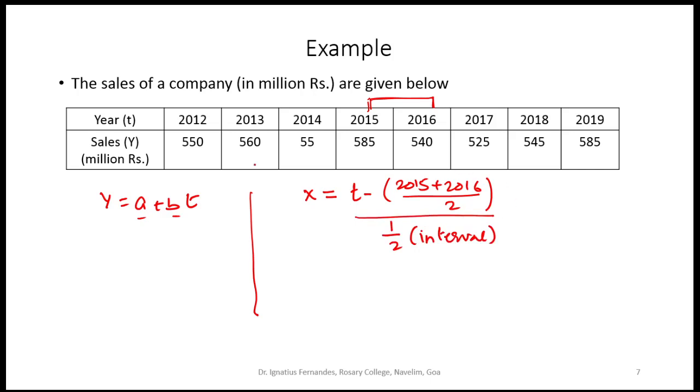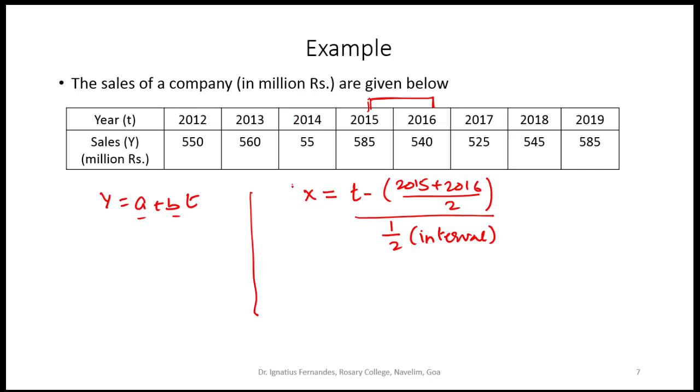Interval is basically the difference between consecutive terms here, 2012 to 2013 to 14. Here the interval is 1 year, or 1 unit. If it was like 2012, 2014, 2016, then the interval would have been 2 and so on. If you take 2010, 2020, 2030 and so on, then the interval would be 10. So this interval refers to the difference between the consecutive t values here.